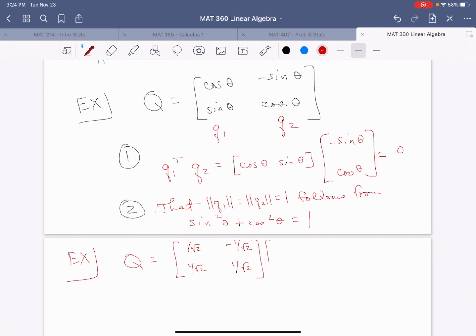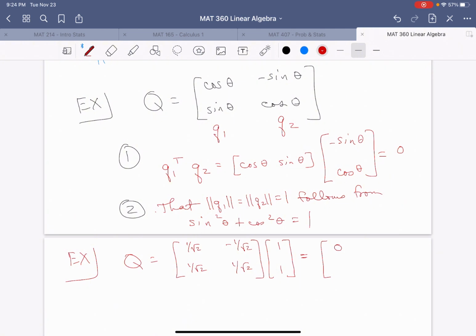So what would this do to the vector 1, 1? Let's see, what would that give us? Well, I think that first component is going to be 0, right? Yeah, because we'd have 1 over the square root of 2 times 1 plus negative 1 over the square root of 2 times 1, which is 0.